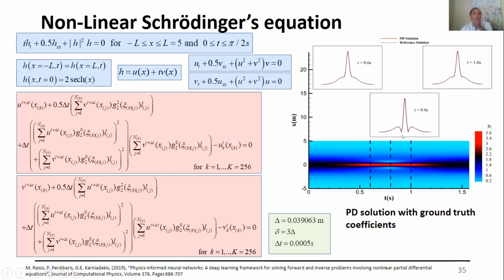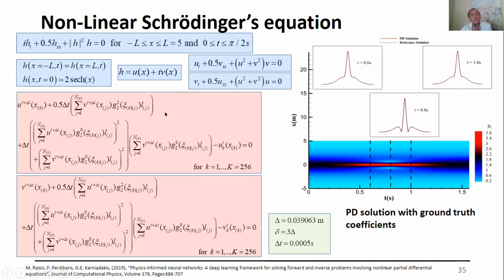All right, now we'll look at the nonlinear Schrodinger's equation. This is a little bit more involved. Again, we have periodic boundary conditions. So we split this equation into its real part and the imaginary part, so we have a coupled system of equations now. u is the real part and v is the imaginary part.